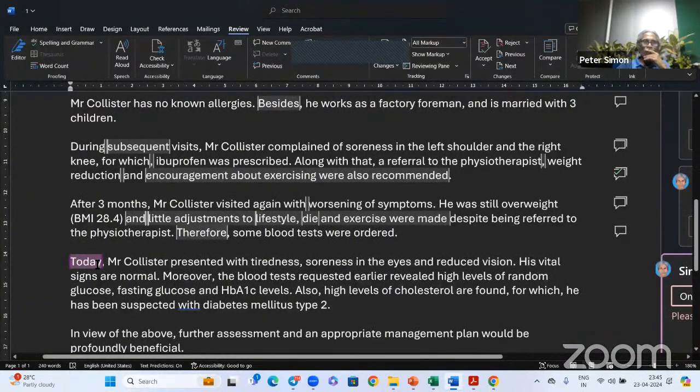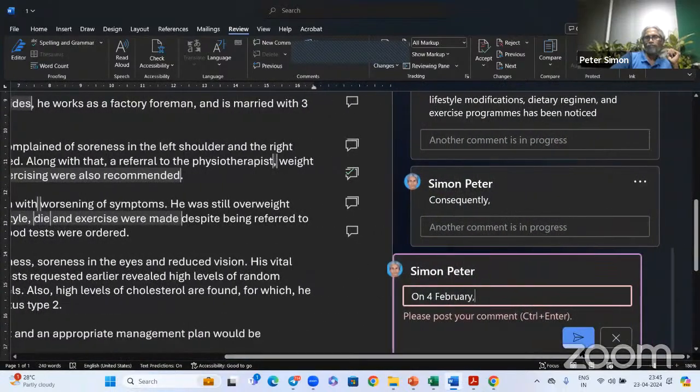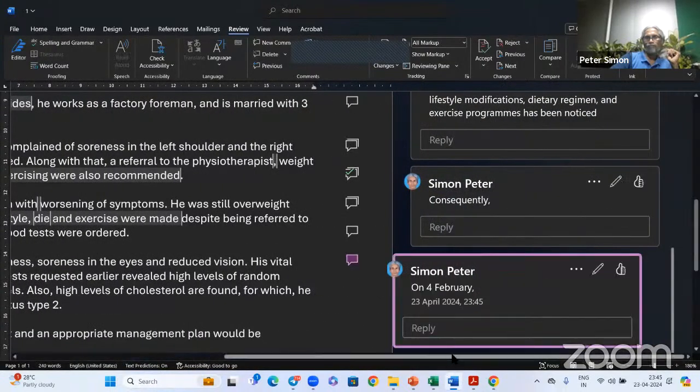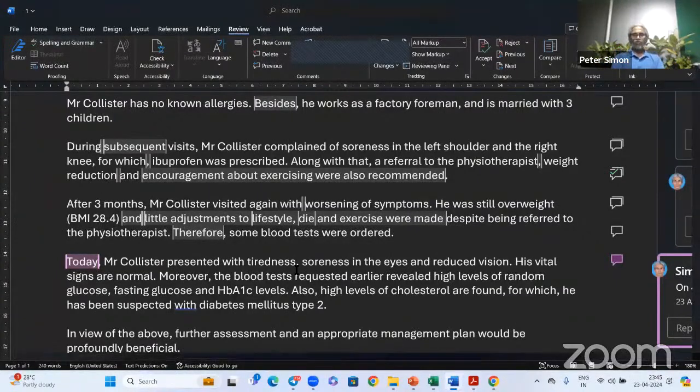Not today. Today is telling that the symptoms worsened. Okay. So on 4 February, Mr. Collister presented with tiredness, soreness in the eyes, and reduced vision. His vital signs are normal. So order is missing. Okay, confused. First you have to write previous visit here, and then today's visit.